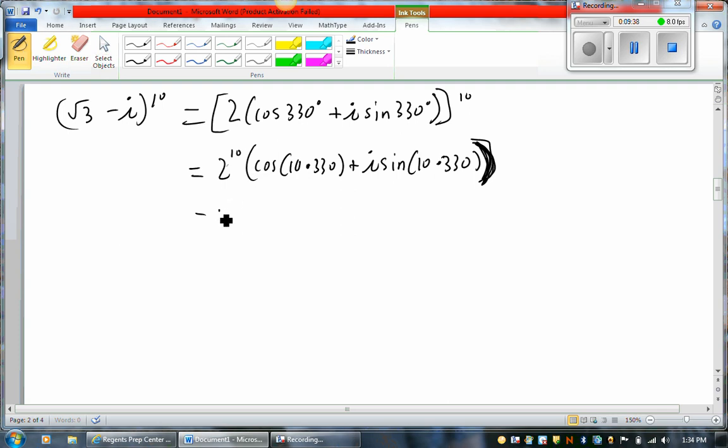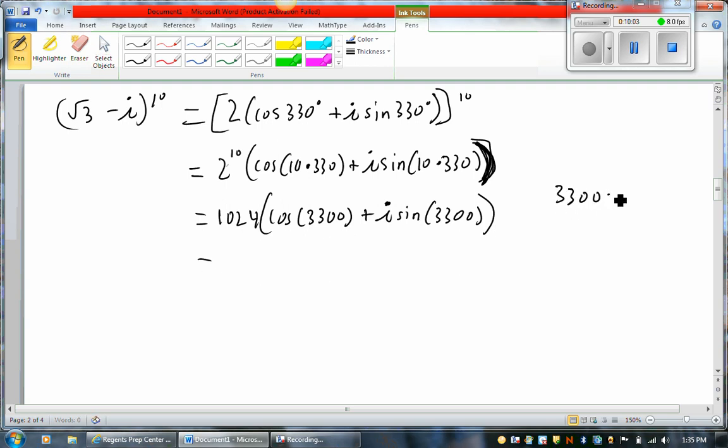Keep going. 2 to the 10th is 1024, times the cosine of 3,300 degrees plus i times the sine of 3,300 degrees. 3,300 degrees has a reference angle of 60 degrees.